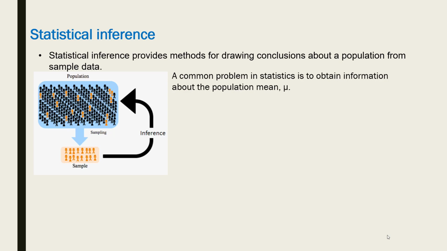Let me consider people in the world. How do we find the average weight of people? It is impossible to measure weight of each person. So, what do we do in statistics? We take a sample.